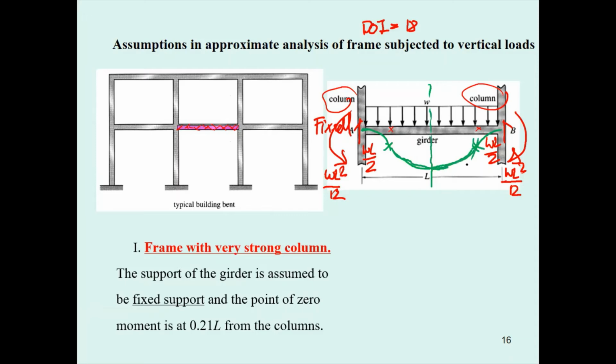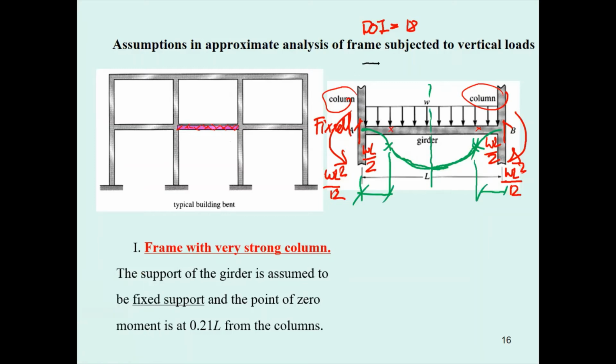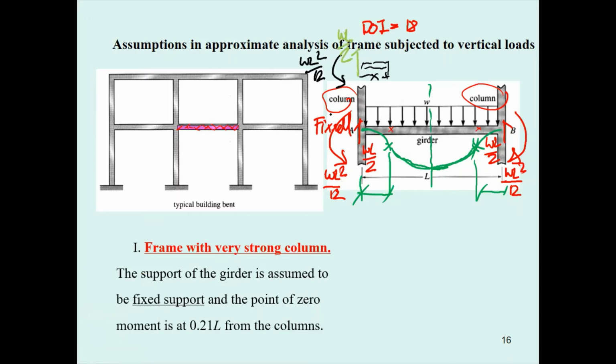Okay, and what happened is you can determine the location of this inflection point by just considering only this portion of this beam to set it as the X. This is going to be the WL square over 12, and this is going to be the load WL over 2.